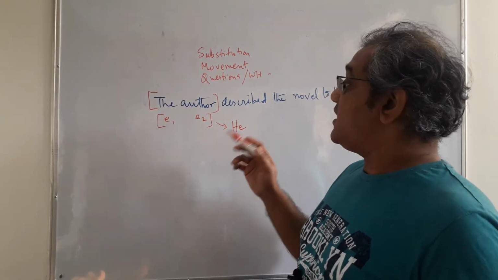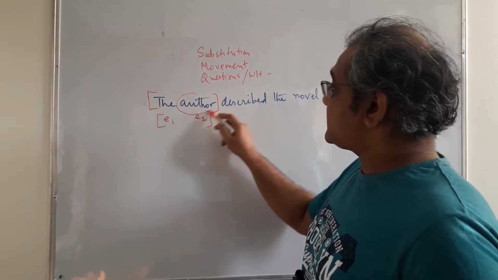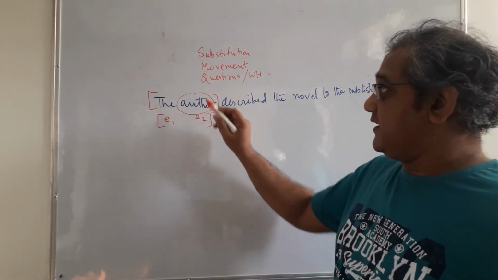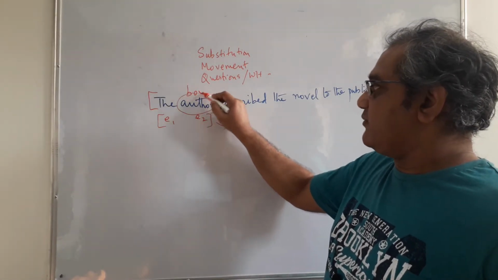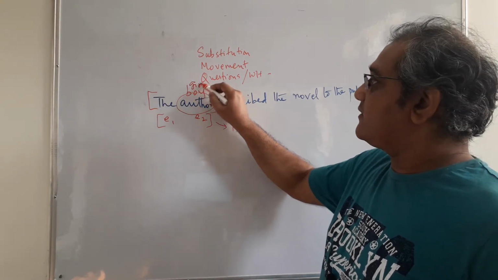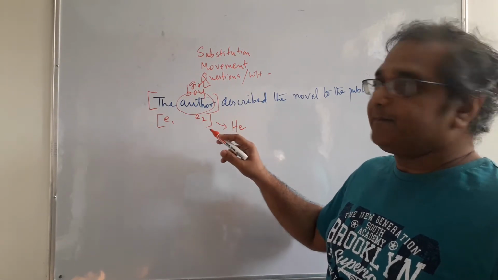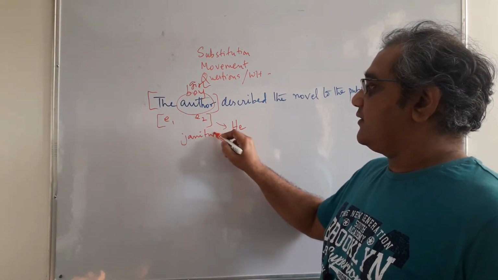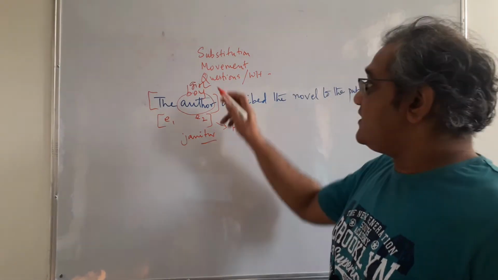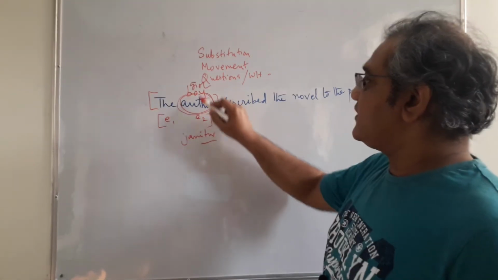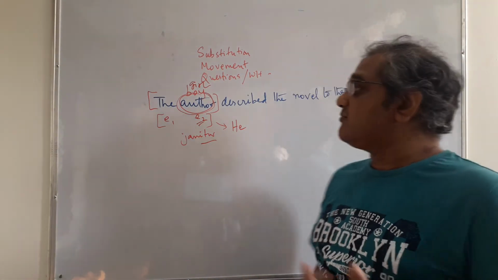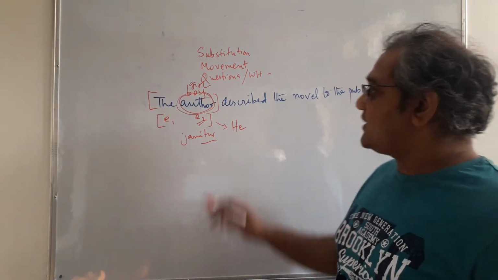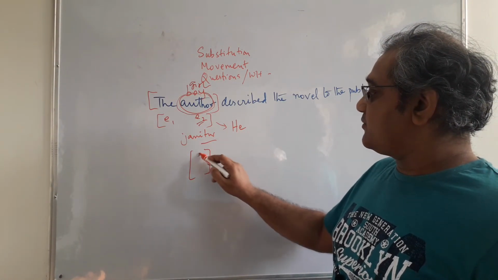There's another kind of test possible for an immediate constituent or a cohesive group. Suppose one of the elements, like the author, can be replaced by some other thing. We can replace it by a boy or a girl, or for example the janitor. Even here you see that the word author can be replaced by a set of other items of the same word class. It's like a paradigmatic relationship.